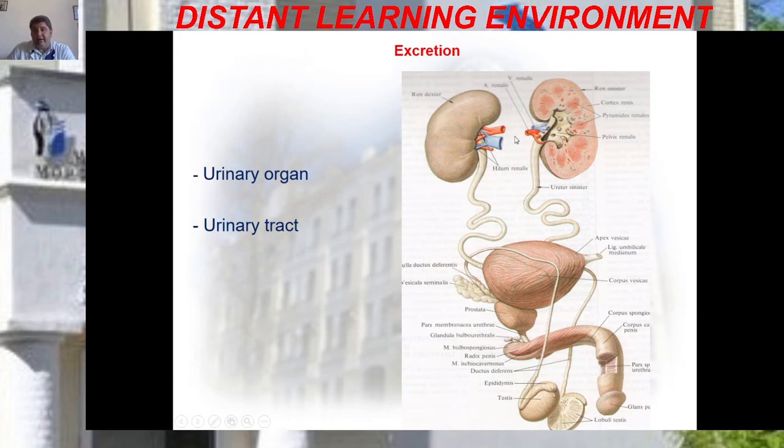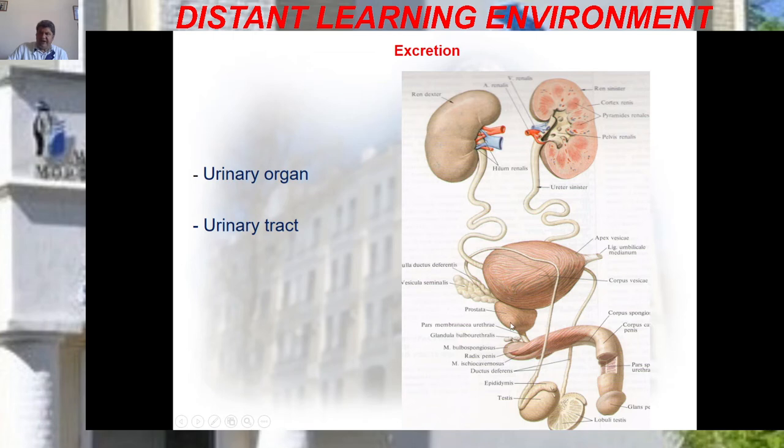First, there are 2 ureters. The ureter is also a paired organ, and each ureter goes to the bladder. This organ is designed to store the urine, and the urine also goes out through the urethra.